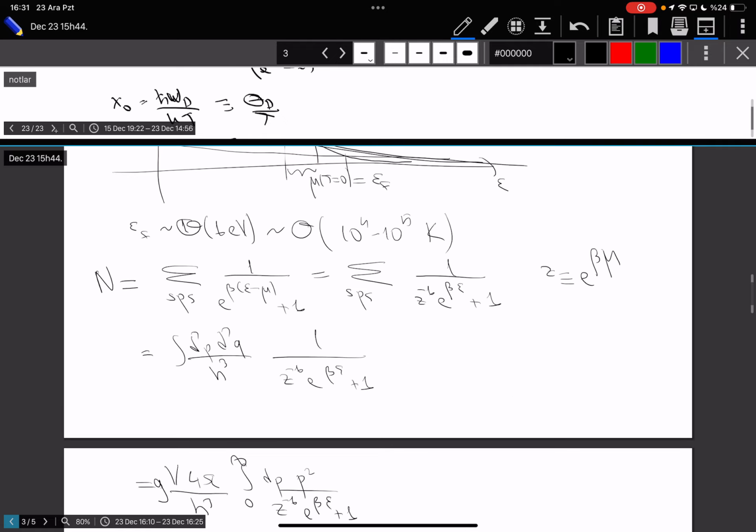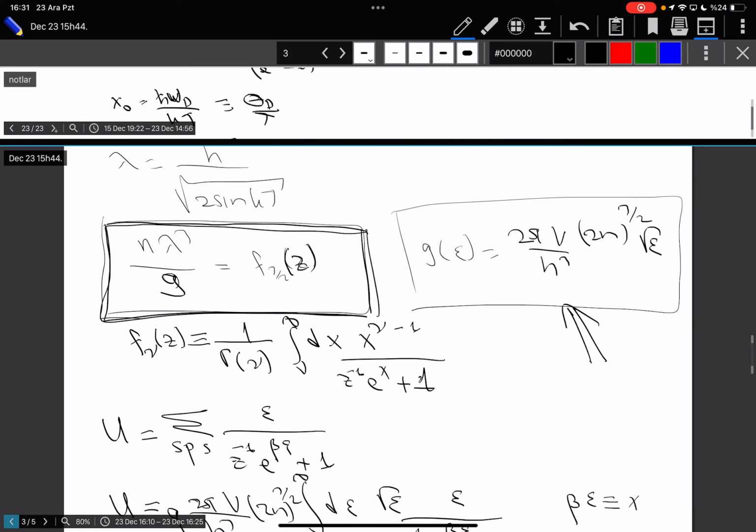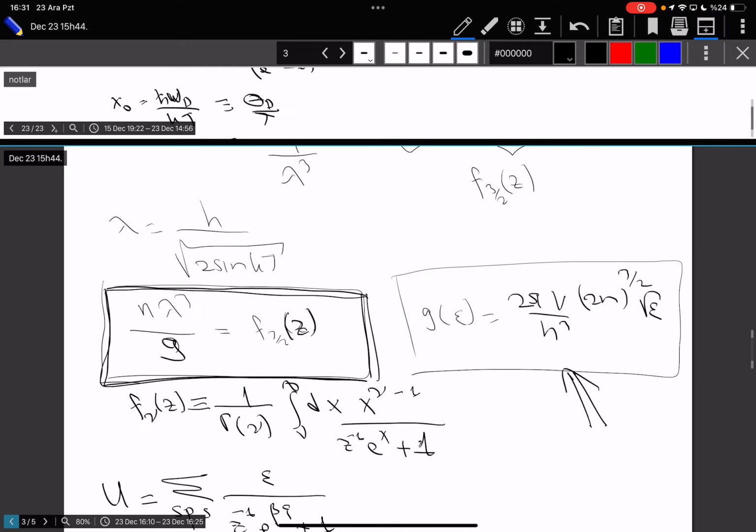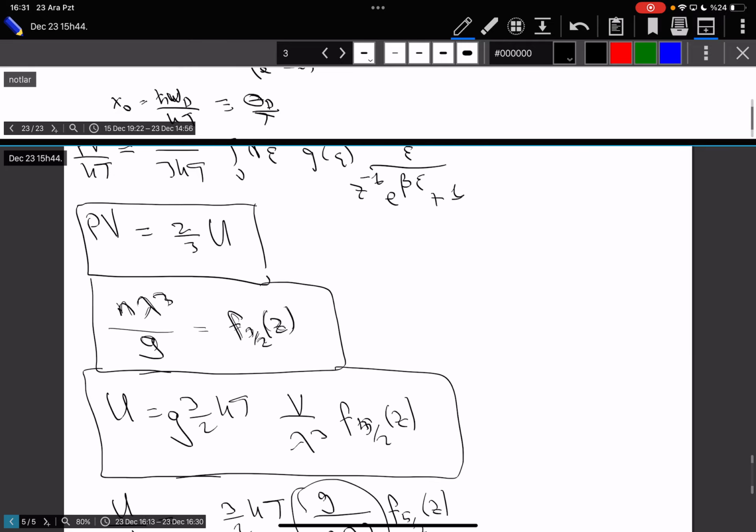These are my general expressions for the fermions. They are valid whether we are at low temperature or high temperature. I'm just replacing the sum over single particle states with an integration over the energies, and that is how I obtain these three results. They are valid at any temperature.